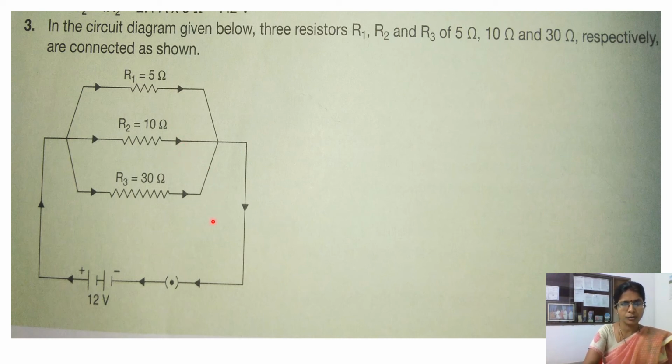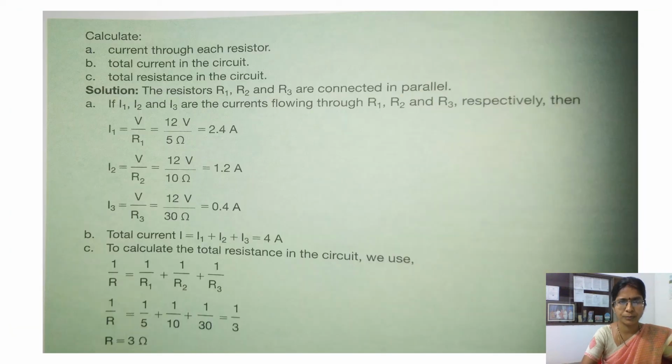They are connected to a battery of 12 volts. Now let's see what you have to find out. Calculate the current through each resistor, that is the current passing through each resistor. Second, the total current in the circuit. You should also find out the total resistance in the circuit. So it's similar to the previous one.